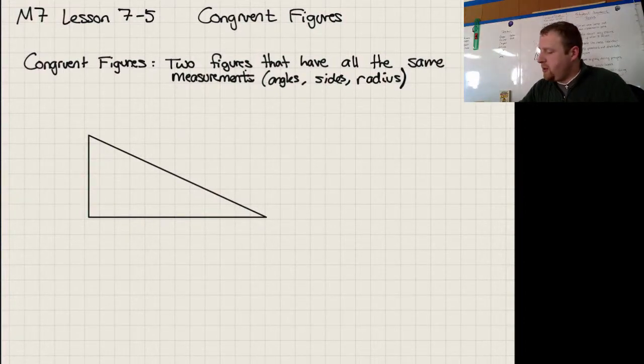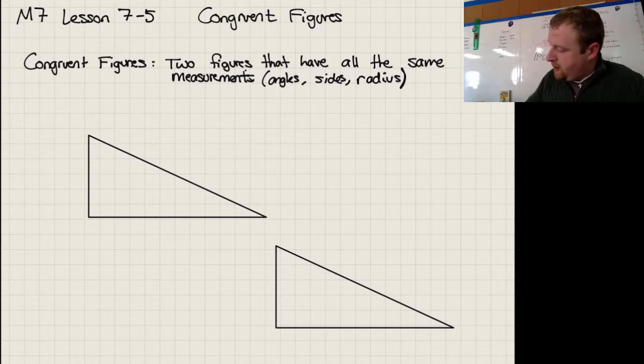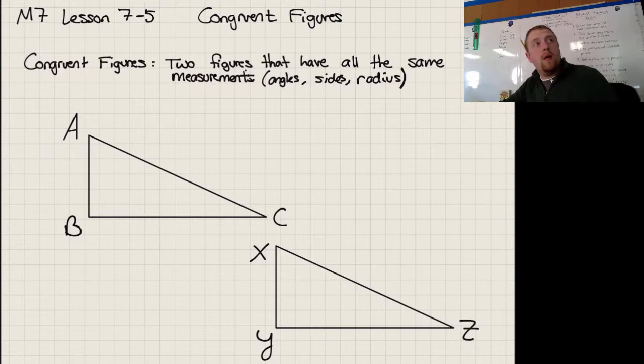So if there's a triangle, okay, and there it is again, we would call this triangle A, B, C. We'd call this triangle down here X, Y, Z. I'm going to write what's called a congruence statement for these two triangles.